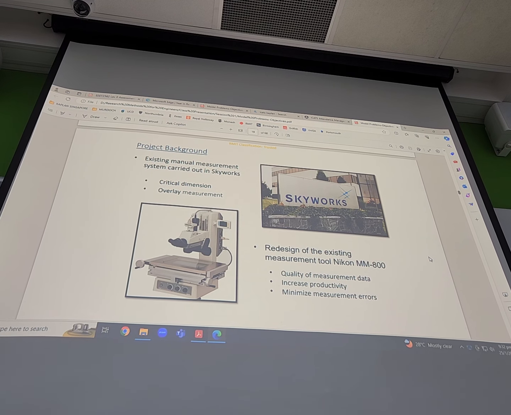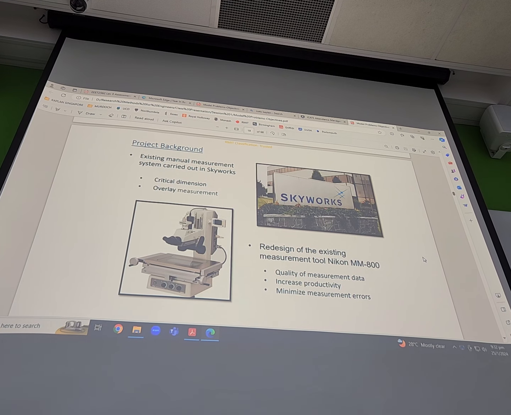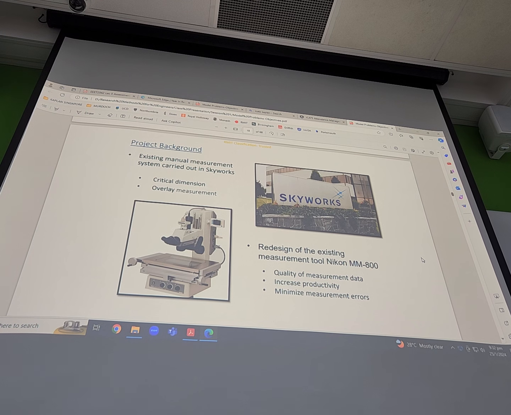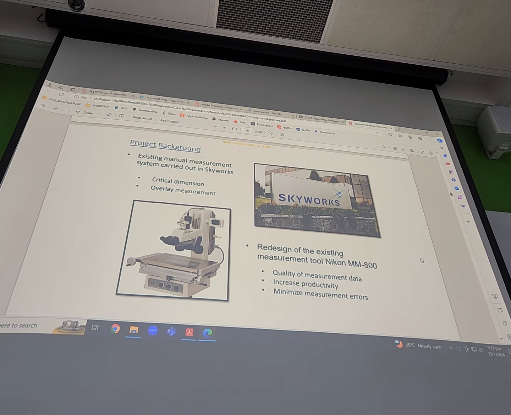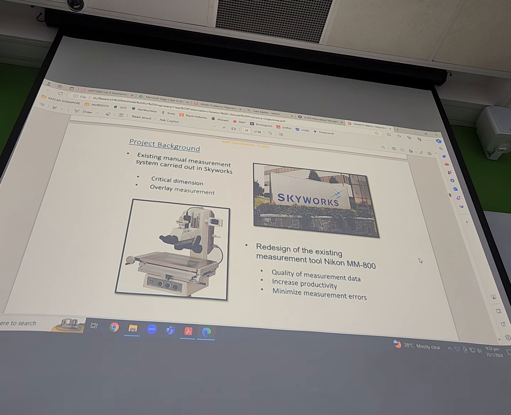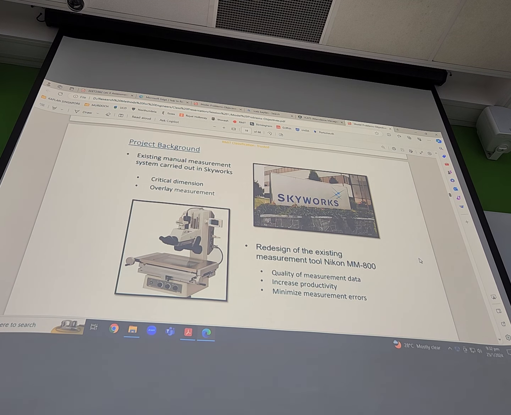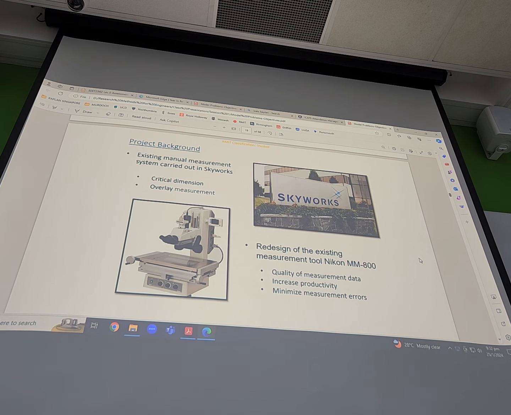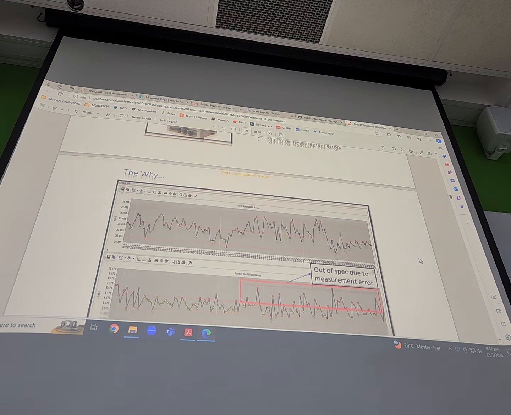So this is the existing measurement system at the company, and the aim is to redesign the existing measurement tool. By redesigning, you have the following advantages: quality data, increased productivity, and minimized measurement errors.